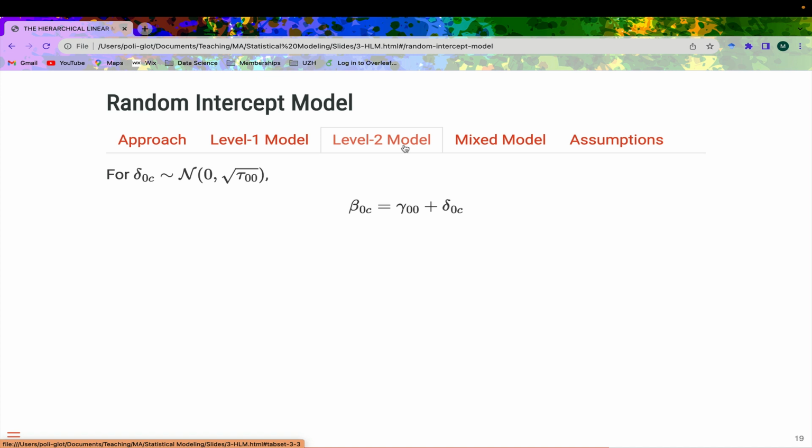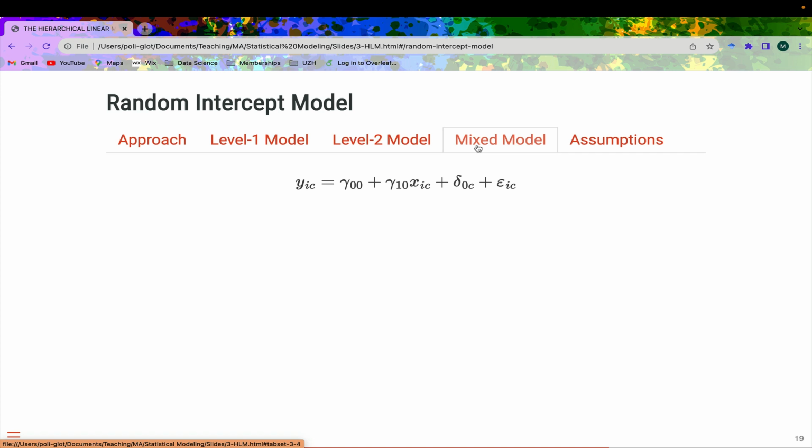Now, what actually is useful, and we didn't do that in the previous video, is to substitute the level 2 model into the level 1 model. That creates what is known as a mixed model. So in this particular setup, the mixed model is going to be y sub ic equals gamma 00 plus gamma 10 x ic plus delta 0c plus epsilon ic.